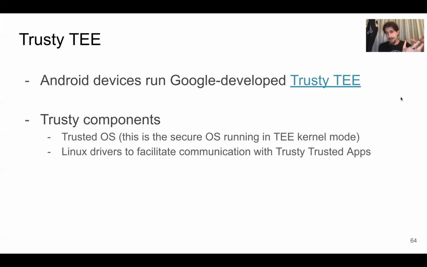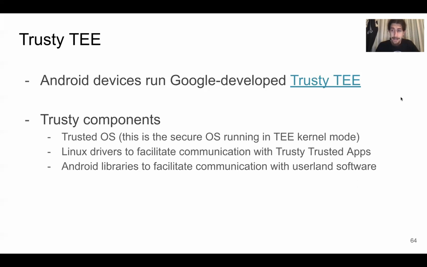So the app can use some APIs, and then the Linux kernel has some drivers with which you can communicate easily with these trusted applications. And on top of this, there are Android libraries that facilitate the communication from user-land software to trusted apps and vice versa.